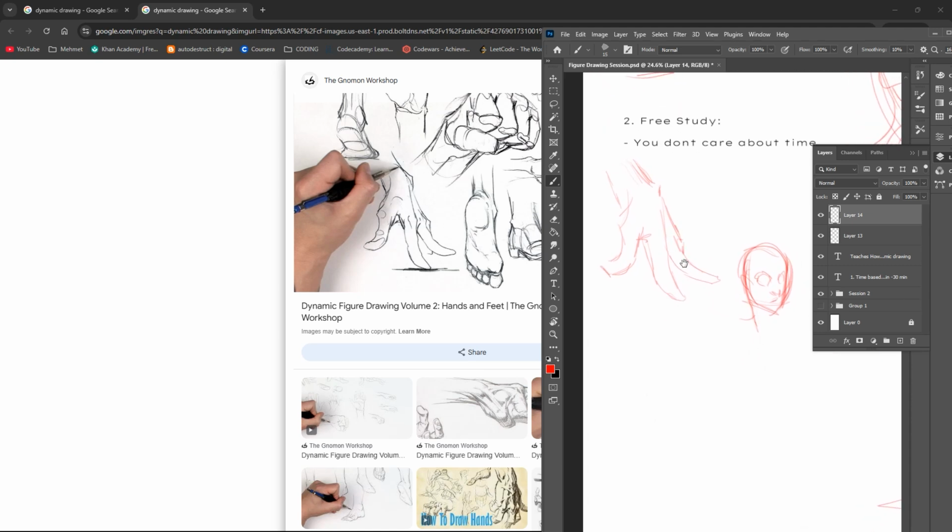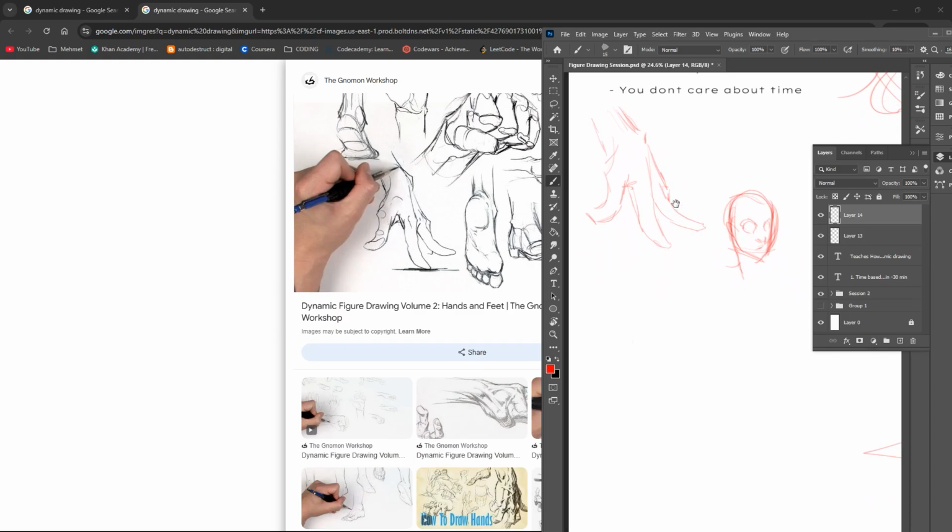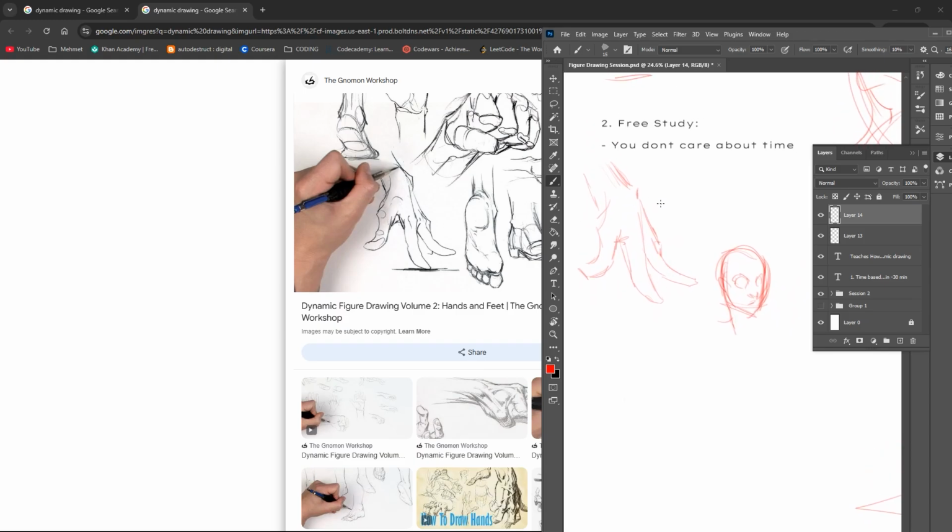We can still understand what kind of intention this drawing has, right? We can understand the implications, and we can assume that this is a hand, right? However, it will be much more visually pleasing if we were to draw it with dynamic lines.